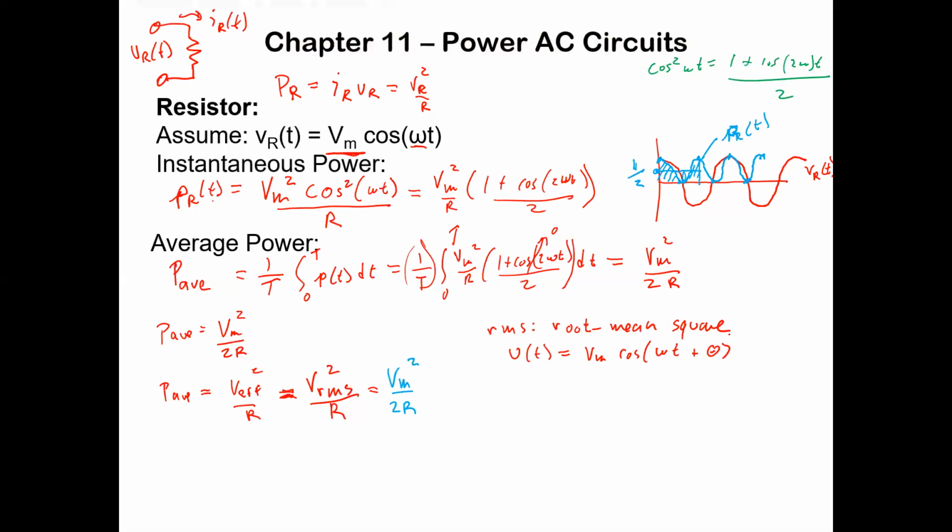Again, it could be at any angle, any phase angle that you want. Well, first of all, you square it, and that gives you V squared. Then you take the average, okay, and that gives you 1 over t times the integral from 0 to t of V squared of t dt. And then you take the root of it.